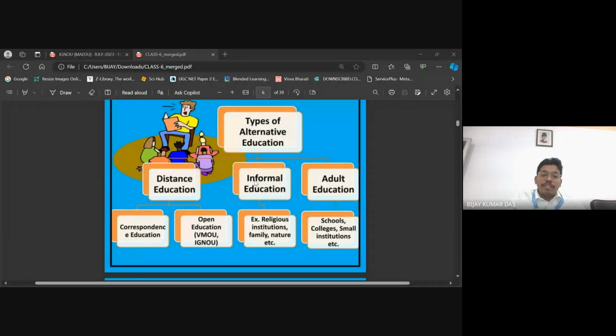In distance education, there is correspondence education and open education, or you may say IGNOU, the Indira Gandhi National Open University. In informal education we can talk about religious institutions, family, nature, etc.